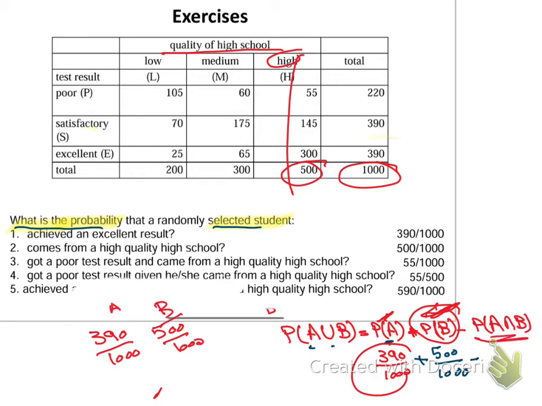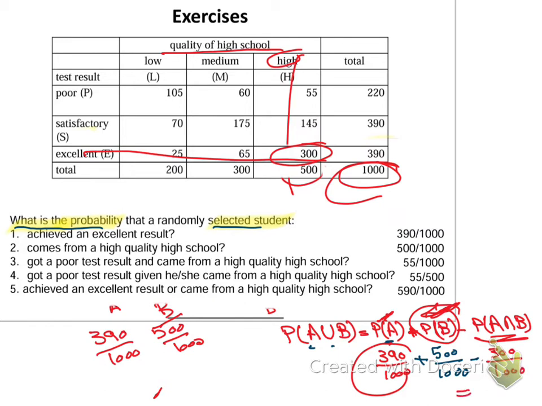Then the intersection, I look at the intersection like I don't have any other thing except the intersection. The same way, the intersection, so I have high quality and I have excellent, so 300 divided 1000 minus 300 divided 1000.